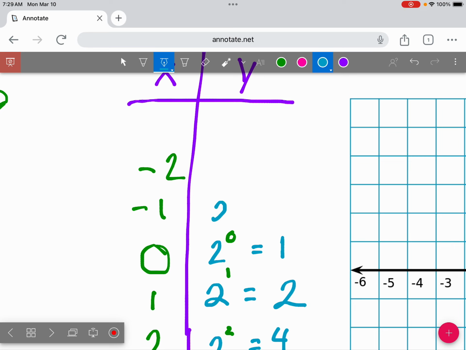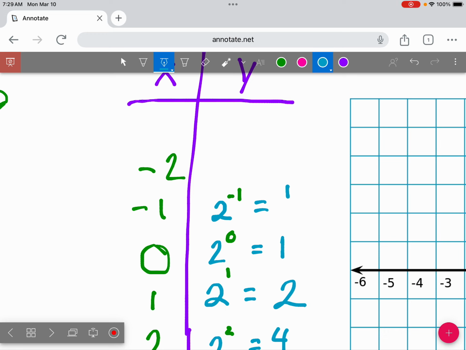What about 2 to the -1? What about what our negative exponents do? We dealt with them a lot last week. What does our negative exponent do? You can also type it in the calculator. 2 to the -1. 1/2.